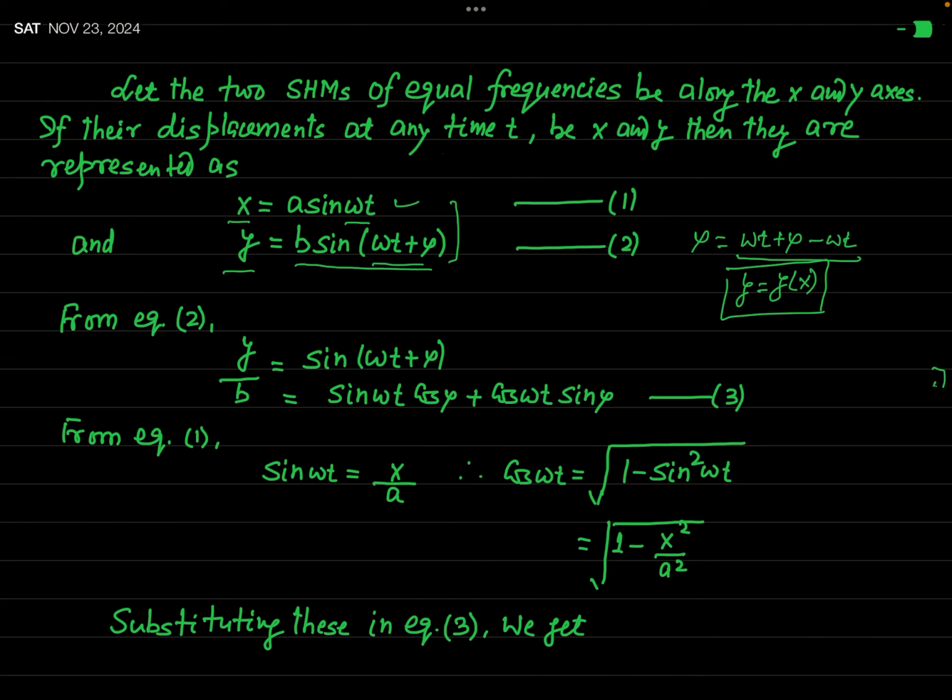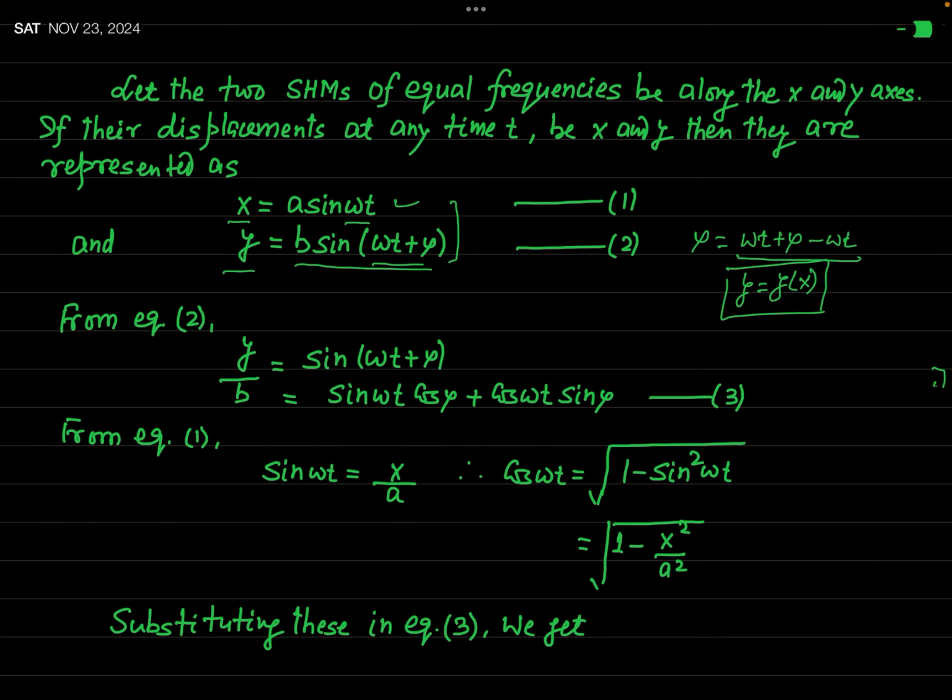But here x and y both depend on time t. So to get the equation of trajectory, we have to relate y with x after the elimination of t, so that the equation does not contain the third variable t.